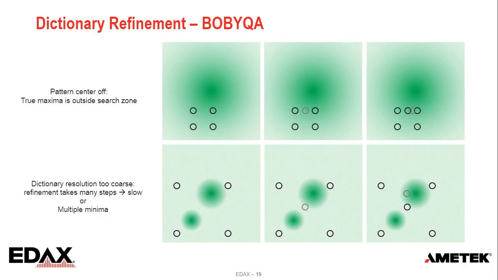So you can have some trouble there. Or if your dictionary is too coarse to accurately be captured by a parabola locally, then the refinement's not going to do a good job. That could mean that it will eventually get there, but it'll take a lot of steps, or it may never get there if there's too complex of a structure within the search window.